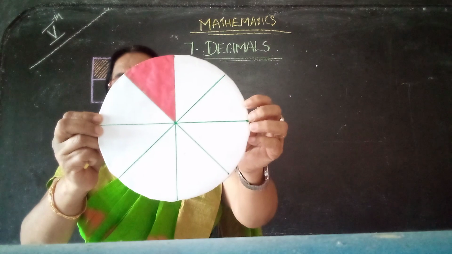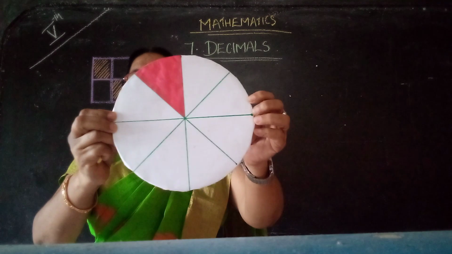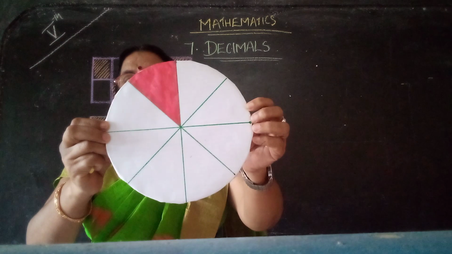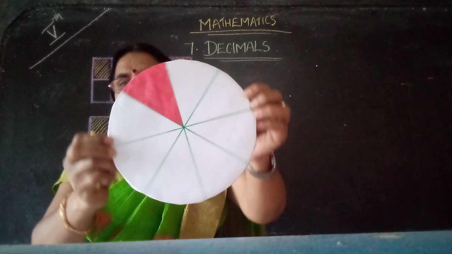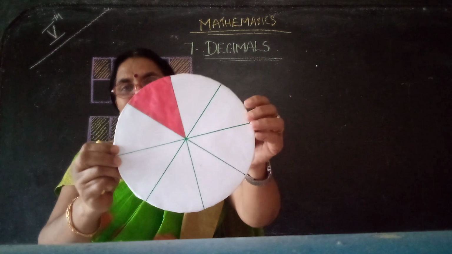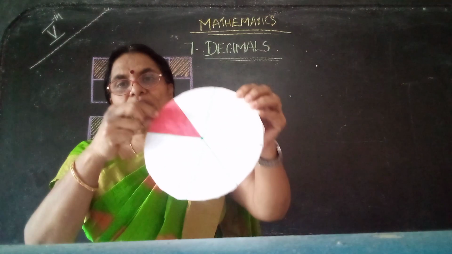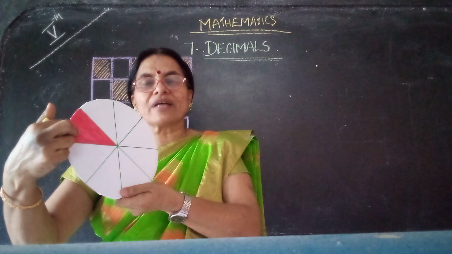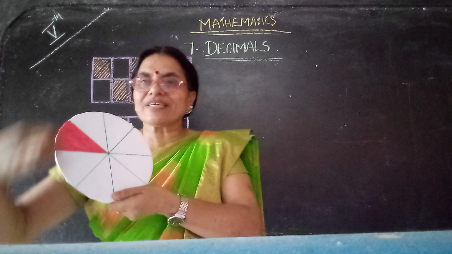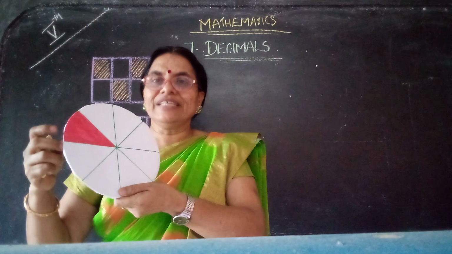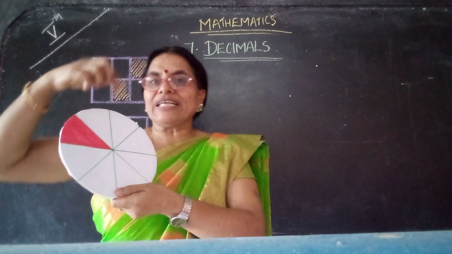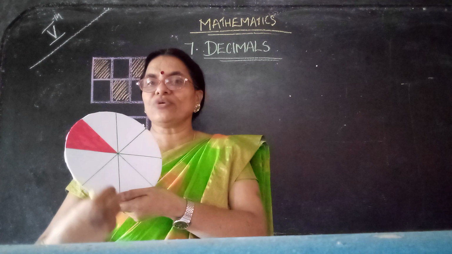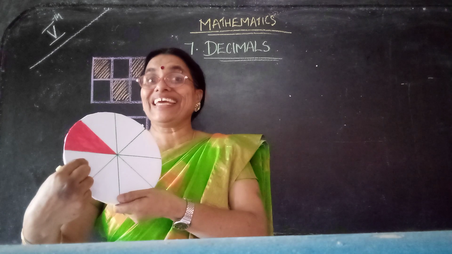Very good, children. How many parts of it has red cream on it, children? See here, how many parts? Yes, only one part. How many equal parts are here? Here, see here, 1, 2, 3, 4, 5, 6, 7, 8.